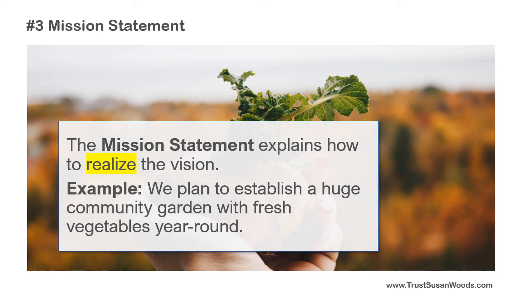So if you're writing a vision statement, it's a long-term, broad statement, and you just can't seem to make that transition to the mission statement, just put the word "by" at the end of the vision statement. We're going to eliminate food deserts by establishing a huge community garden with fresh vegetables year round.